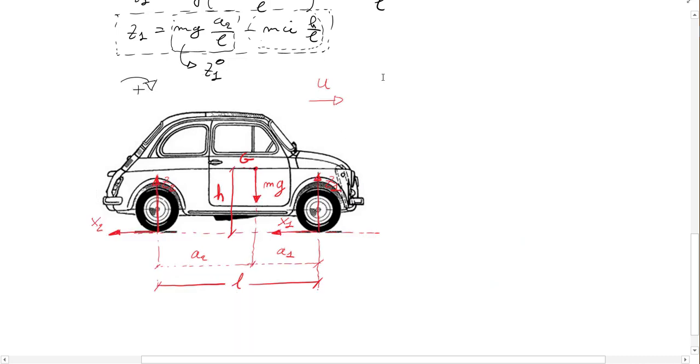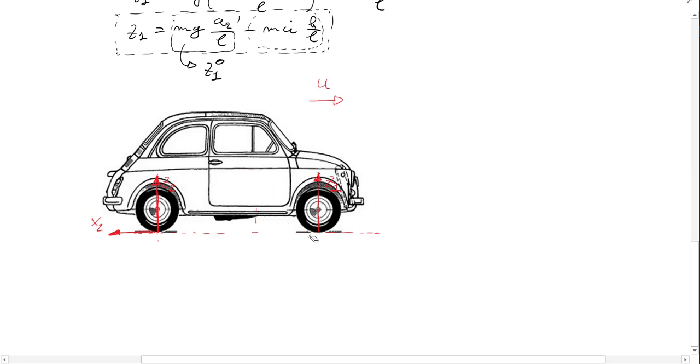Okay, now we can cancel this, and let's clean this figure a little bit. Now we know everything about the dimensions and the center of gravity and other stuff. Okay, we remove x1 and x2, and we leave only the vertical load. So this will be our car during the braking phase.